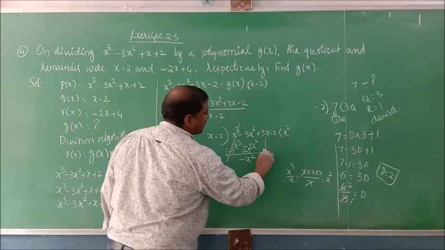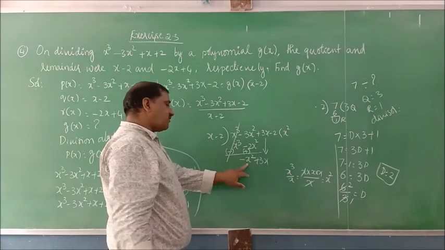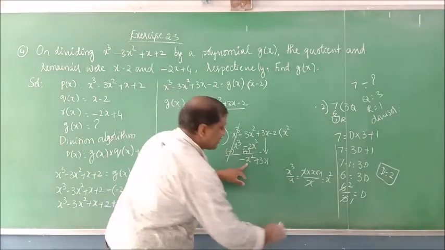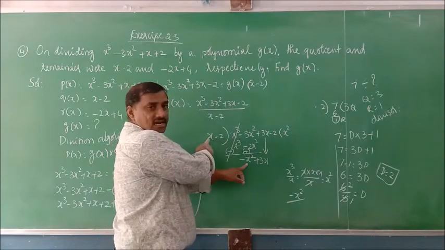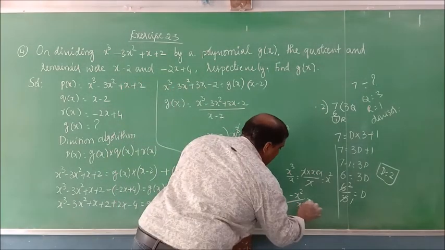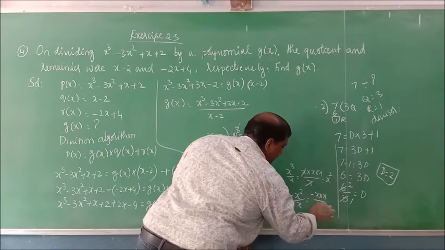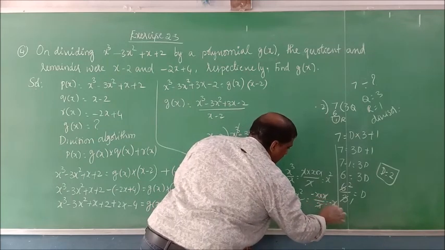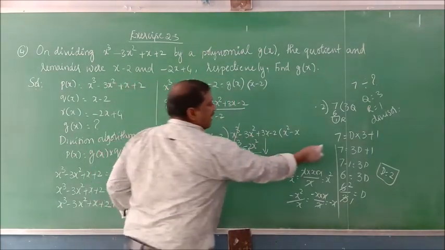Then bring the next term, that is plus 3x. So now which is the first term in the dividend? Minus x square. Divide minus x square by the first term of the divisor, that is x. We get minus x, as x and x are cancelled.